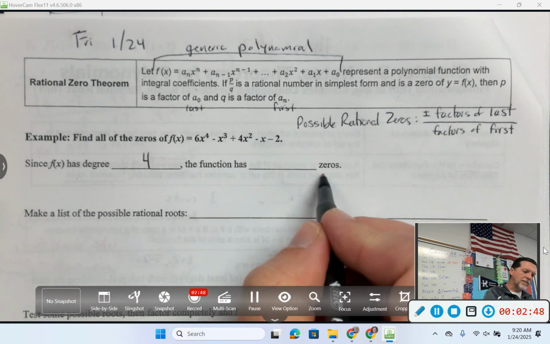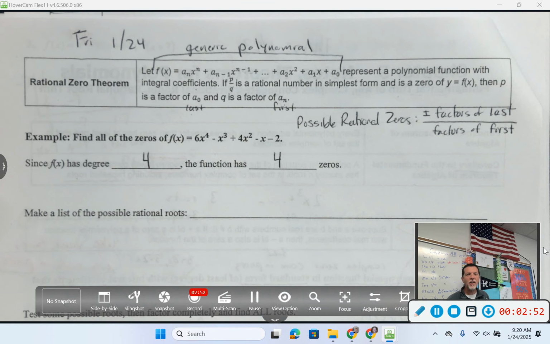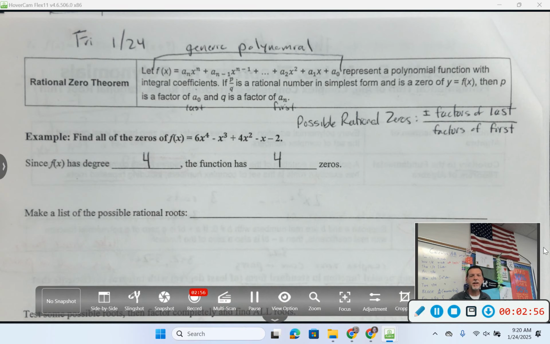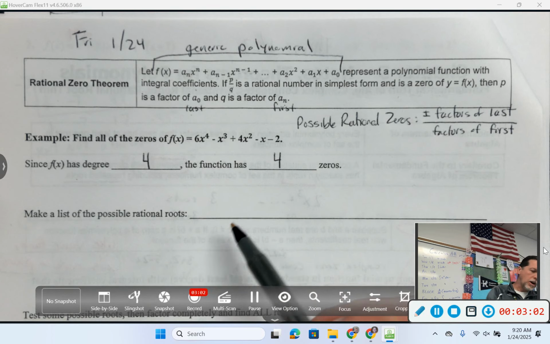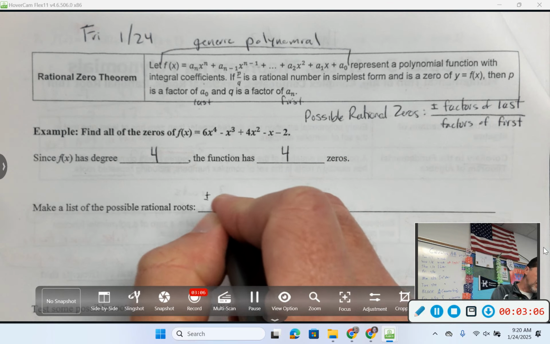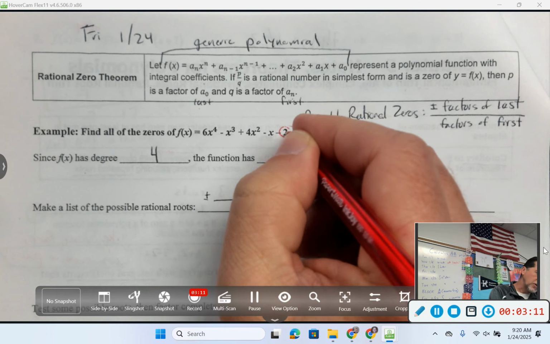The function has how many zeros? 4. But I don't know what they are, and I can't factor that because that's too big. So I'm kind of stuck. So someone figured out that, well, if we just want to guess them, our guesses are always going to be plus or minus factors of the last term over factors of the first term.